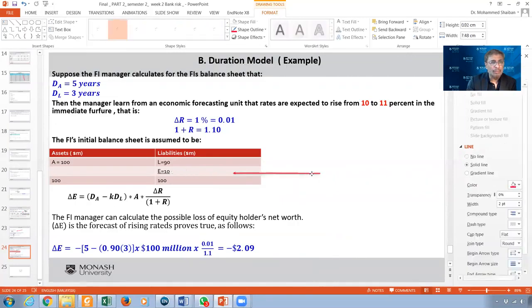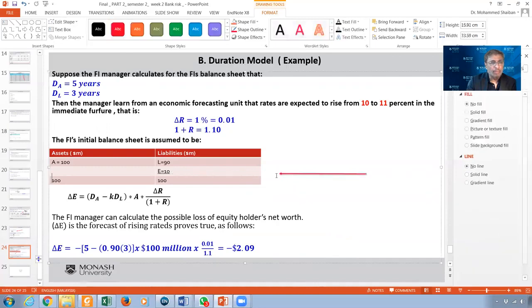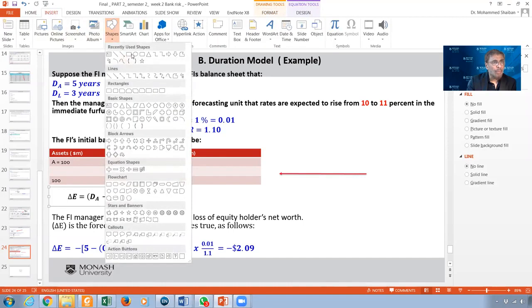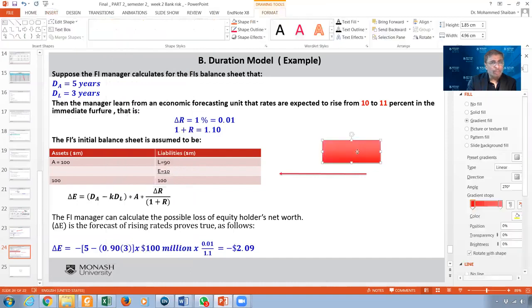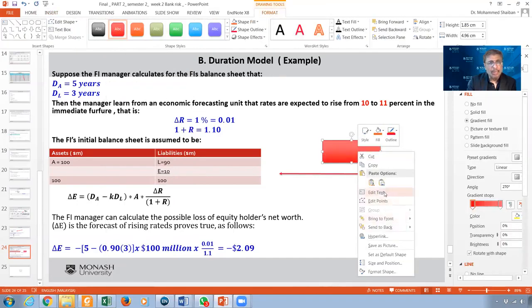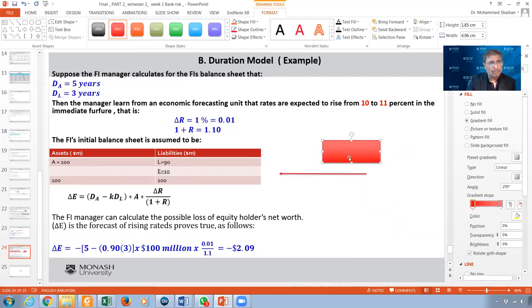If I can write it here. Now it's the drop in my equity. Now, if I ask you what is my equity, you will say my equity is actually 10 minus 2.09, which is actually 7.91 or whatever, instead of 10.